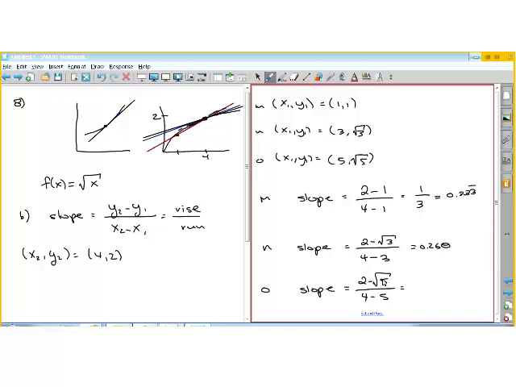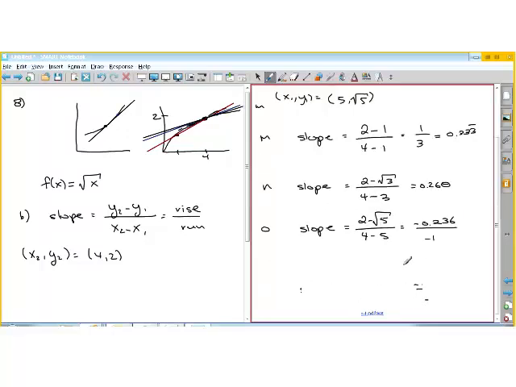So we get 2 minus square root of 5 is negative 0.236 divided by negative 1, which of course the negatives cancel out, and you get 0.236. So you can see the slope is getting lower, as I said it would be.